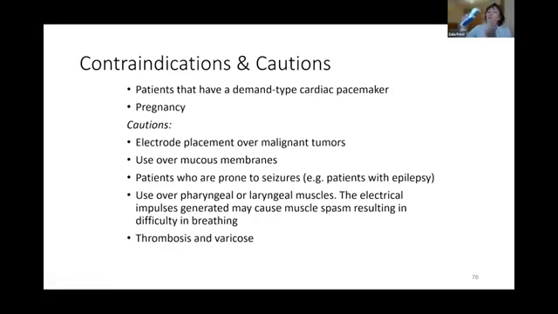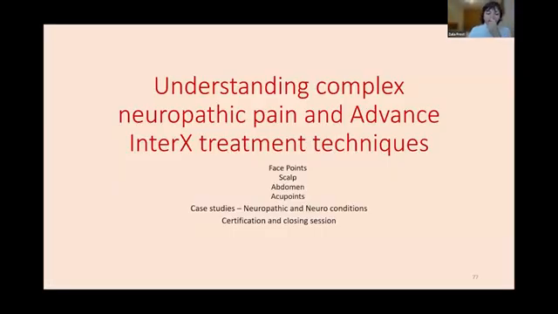So only light skin contact and only like a stamp. Then you don't dislodge thrombi and you can reduce inflammation. This is a subject for next time, much more complex.